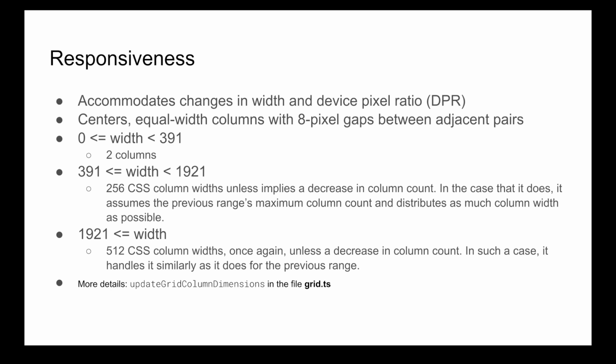For further details, I urge you to take a closer look at the function update grid column dimensions in the file grid.ts. Here's a demonstration of the above column count and width allocations for each of the ranges mentioned, in the order that they were introduced.